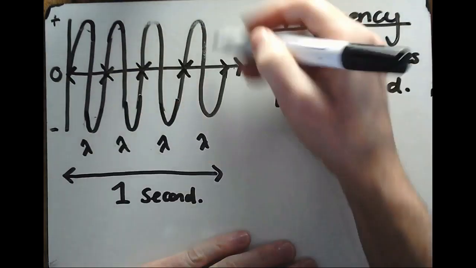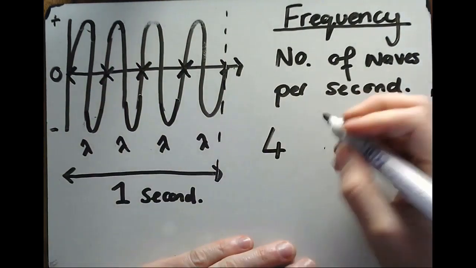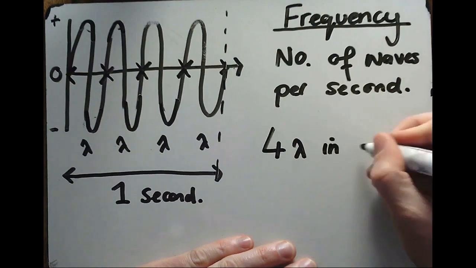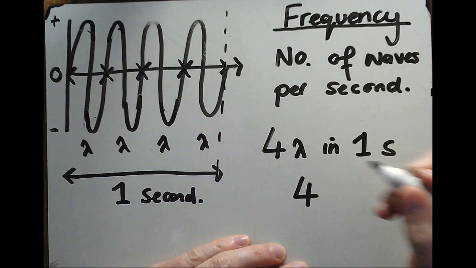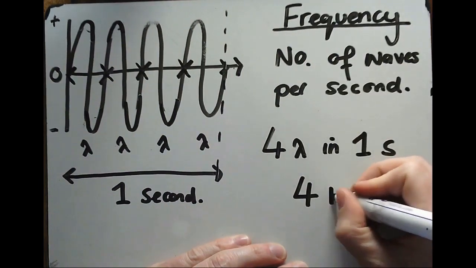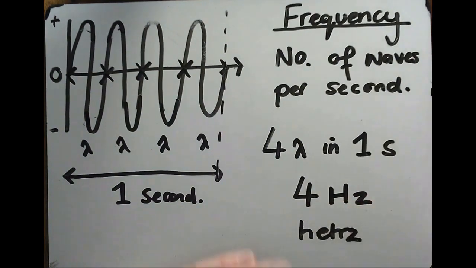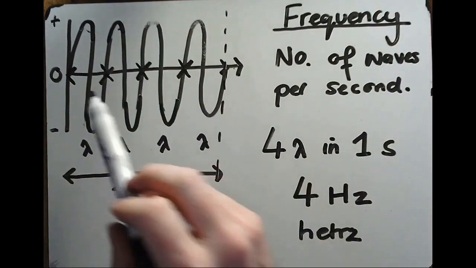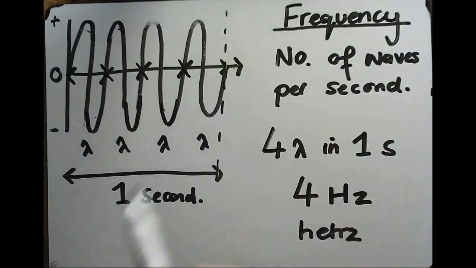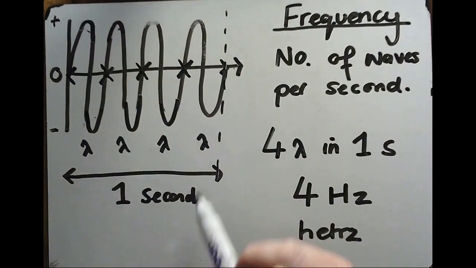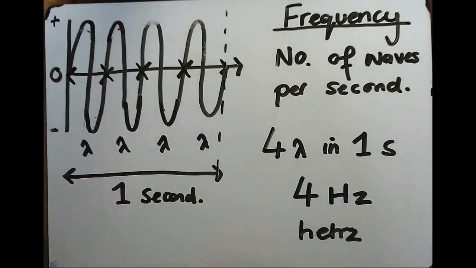We've got 4 wavelengths in 1 second, so the frequency is 4, and the units are hertz, Hz. To say that one more time: you count the number of wavelengths, and look at how many seconds it takes. In this case, 1 second, so 4 waves in 1 second is a frequency of 4 hertz.